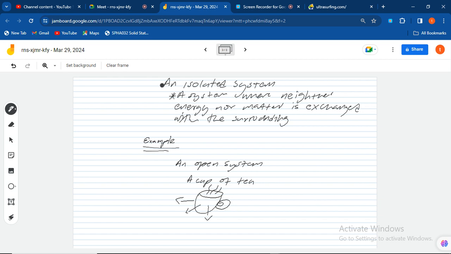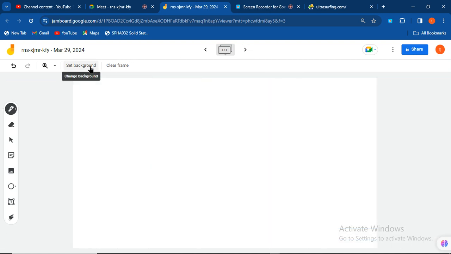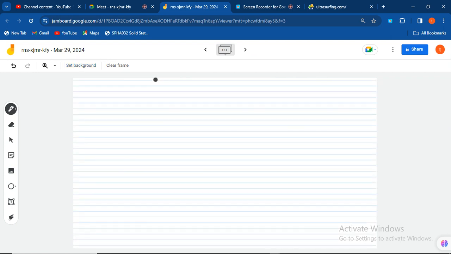And then we also have an example of a closed system. Before we go to isolated, let's talk of a closed system. An example of a closed system is going to be that same cup of tea.